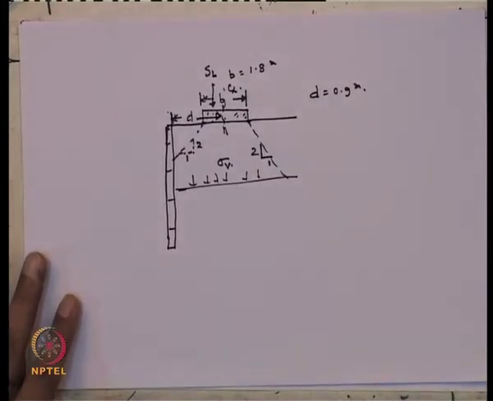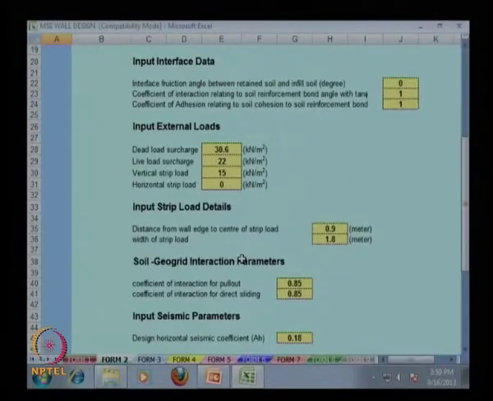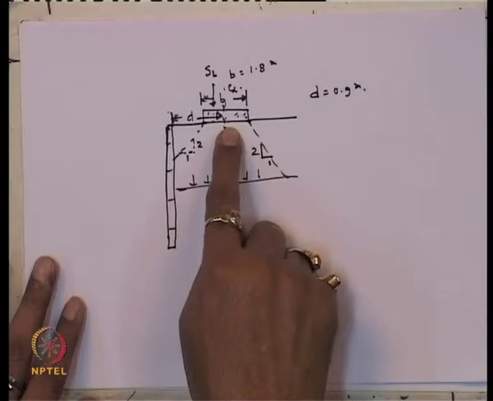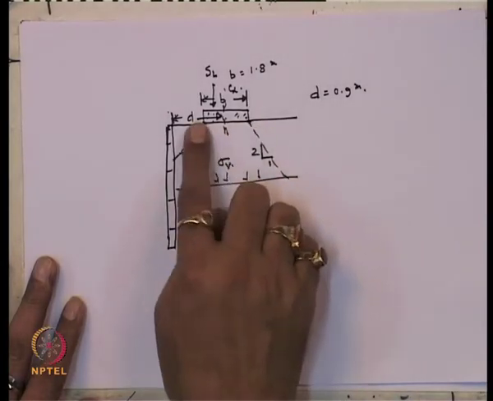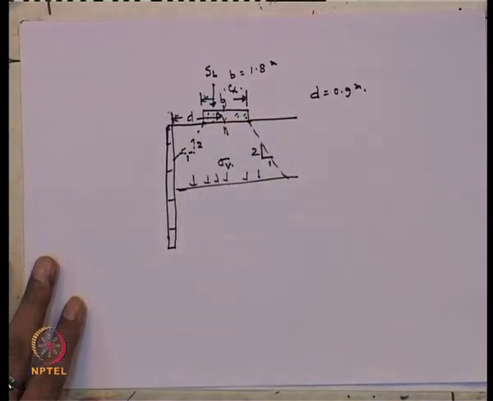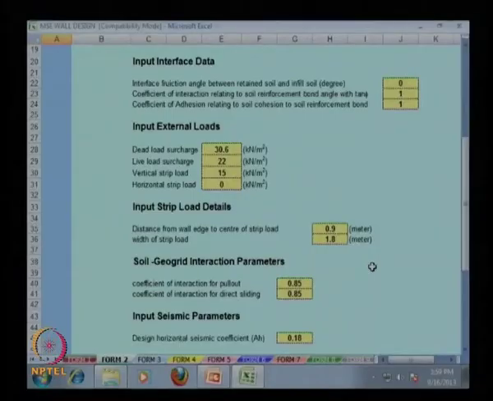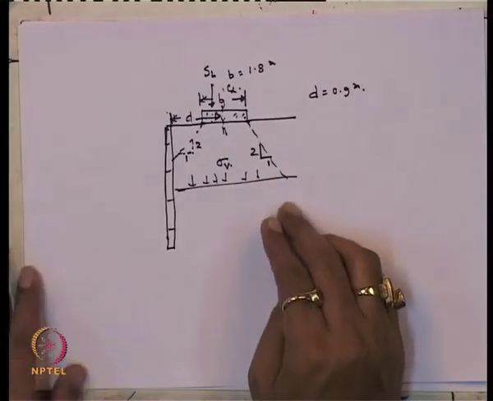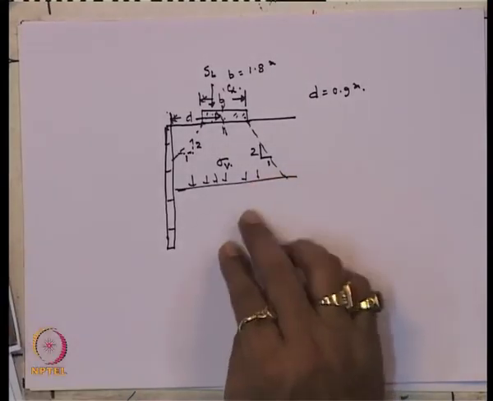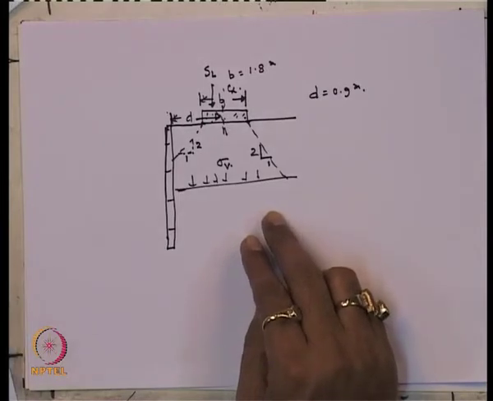So, it has shown the distance from the wall edge to the center of the strip footing is equal to 0.9 meter, and the width of the strip load, that is B, is equal to 1.8 meter. So, this is how the vertical strip load disperses through the reinforced soil. This is a kind of back wedge method analysis.